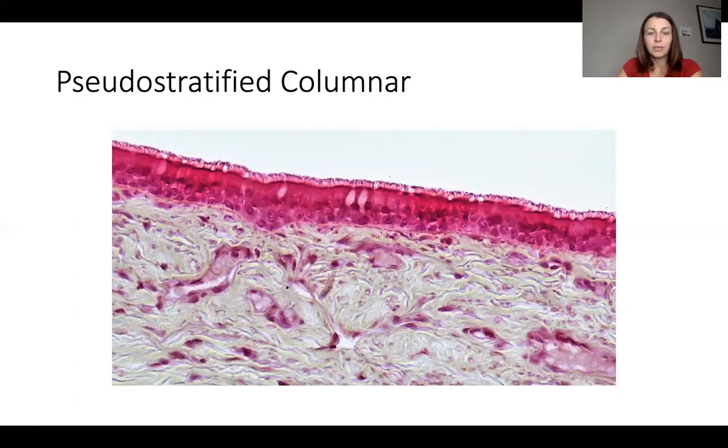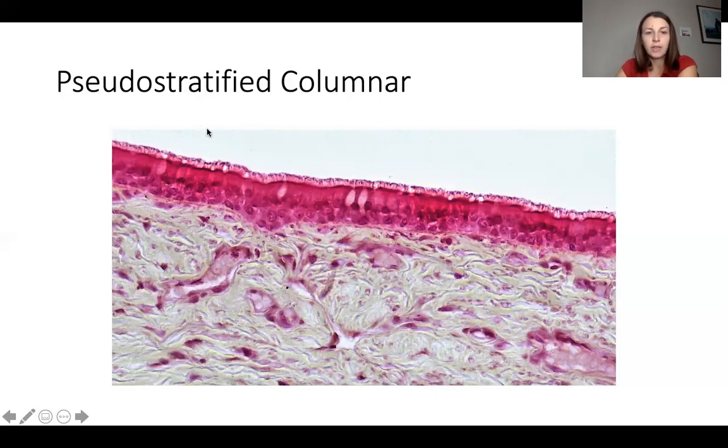Pseudostratified columnar. So this tissue has microvilli or cilia, which is a brush-like border here. And pseudo means false, P-S-E-U-D-O. It's false, multiple layered columnar cells. So they're long, elongated, making them columnar.